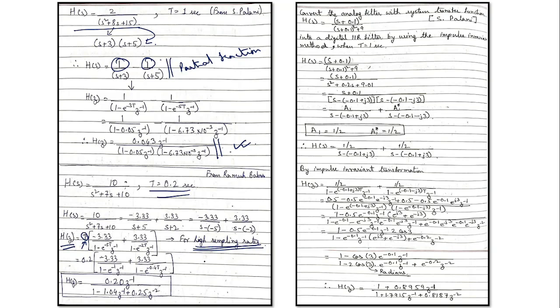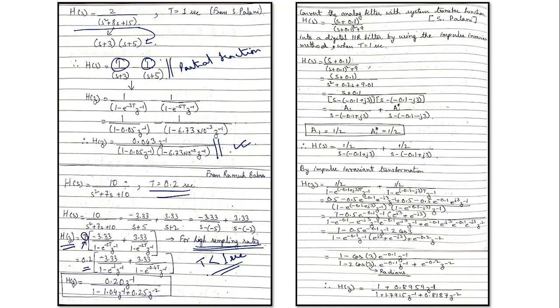As a matter of fact, if your capital T is less than 1 second, then we can include this factor T in your equation, and we can solve the numerical accordingly. Okay.